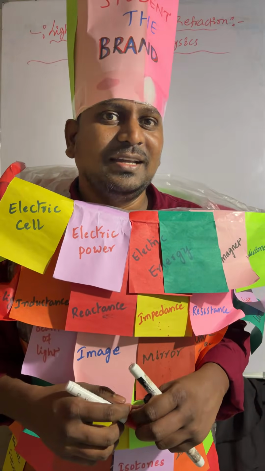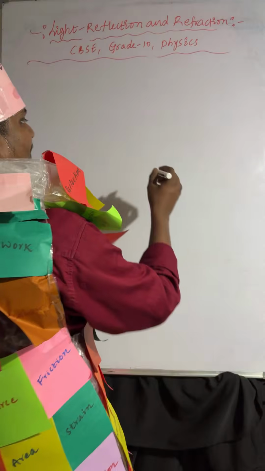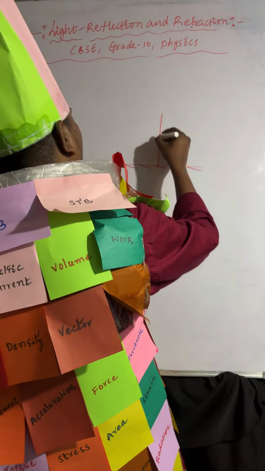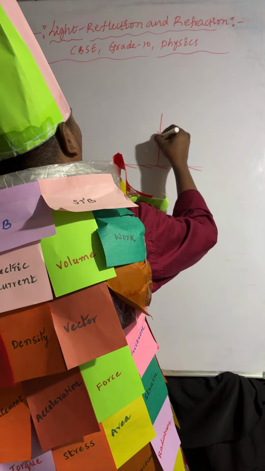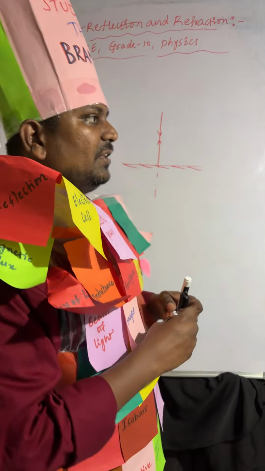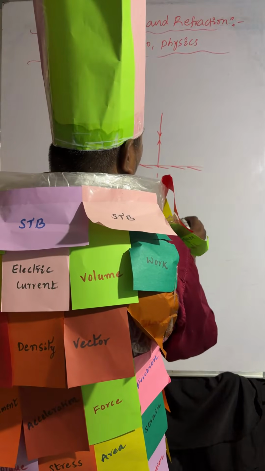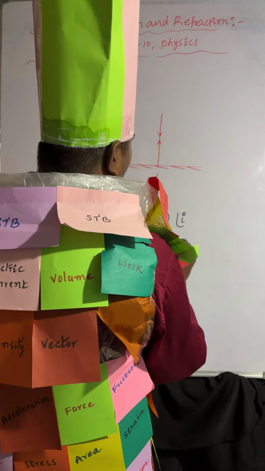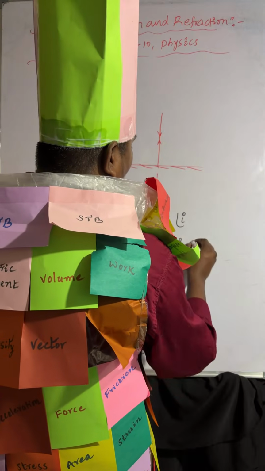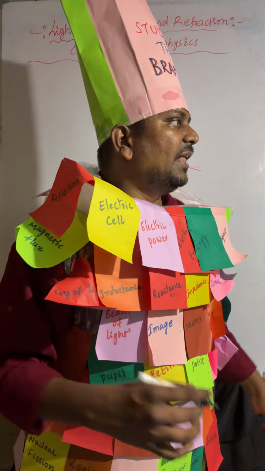Here you can observe, this is a plane mirror. If the light ray is moving along the normal line, what is the angle of incidence? They will ask this question also. Question number 1, what is the angle of incidence? Question number 2, what is the angle of reflection? Question number 3, what is the angle of deviation?